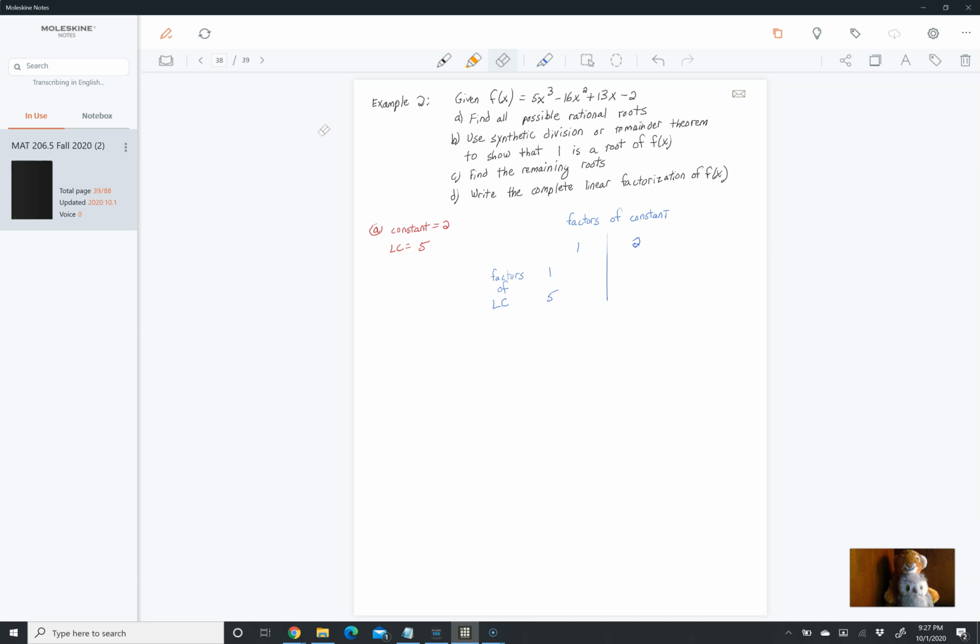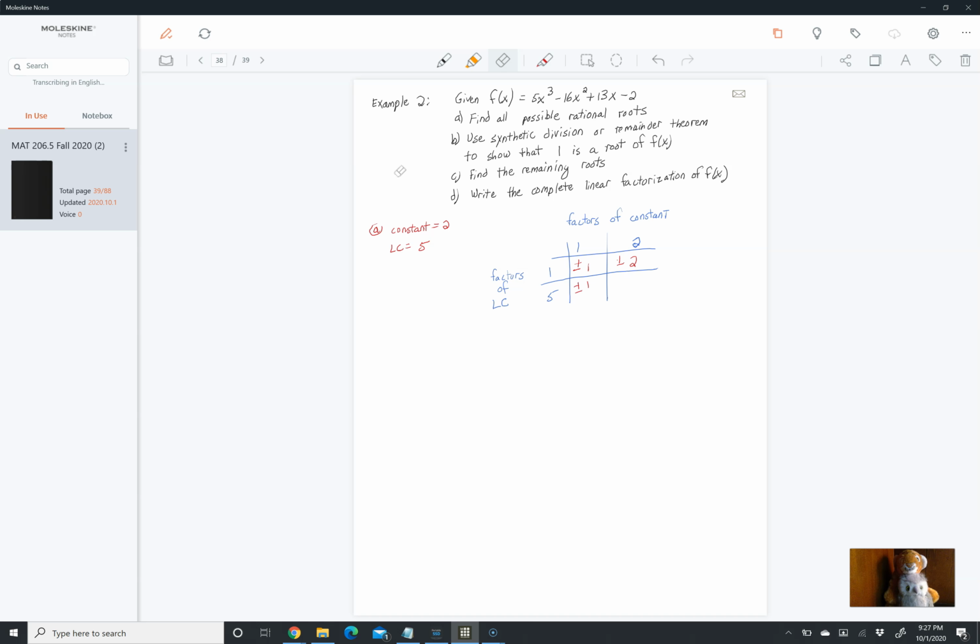So we're just going to fill in our boxes. And what's nice is this means that there are only 8 possible roots, all 8 possible rational roots, okay? So 1 over 1 is 1, so our first one is plus or minus 1. Then we have plus or minus 2 over 1, or plus or minus 2.